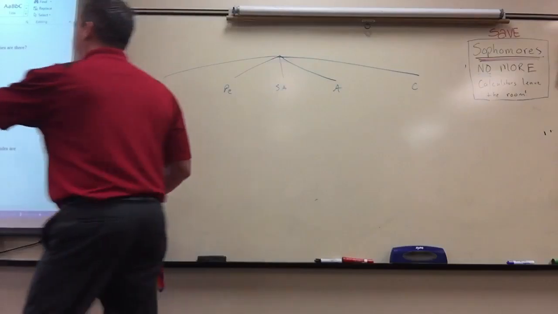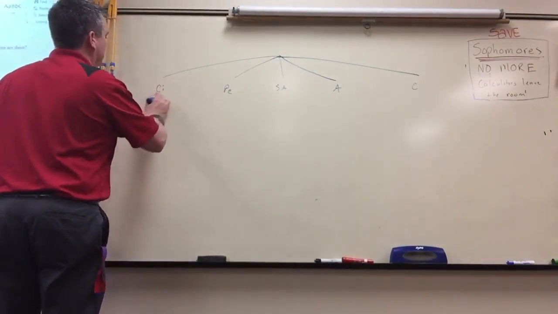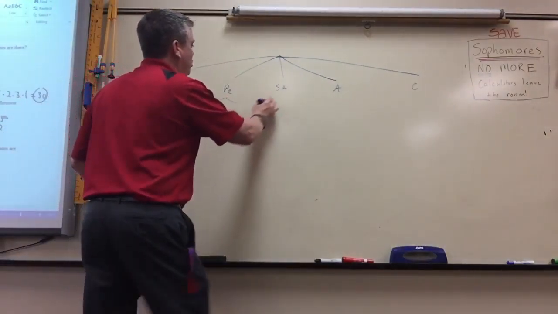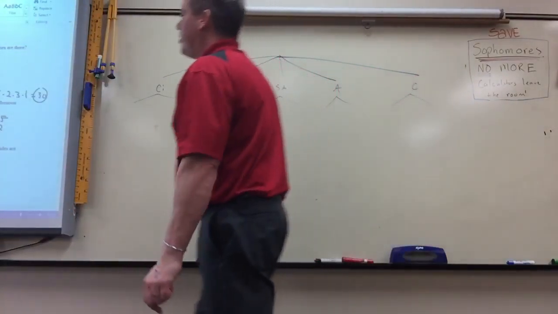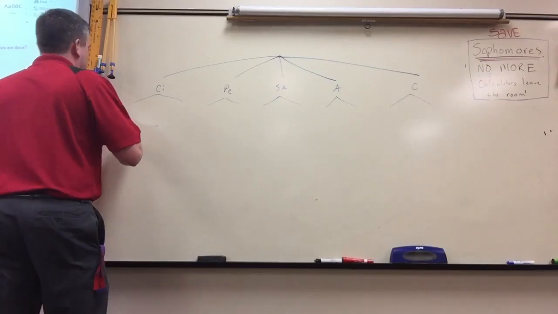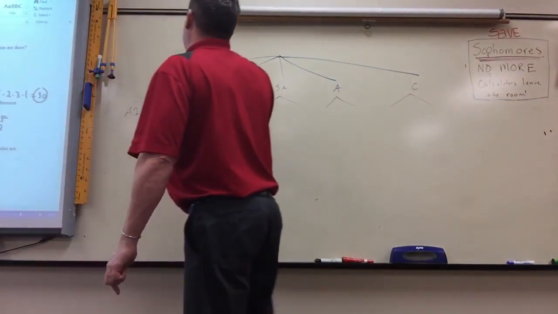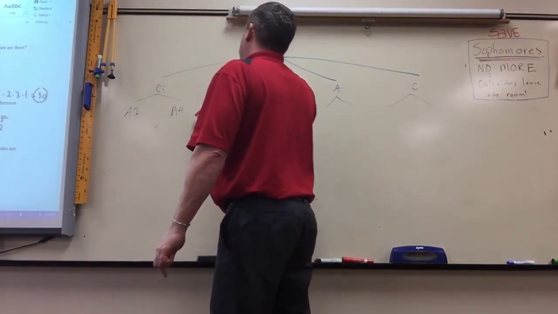Then, for 5th hour, there are 2 branches. And again, you're going to need some room, so don't put them real close together. There your choices are Algebra 2 and American History, so we just put A2 and AH.